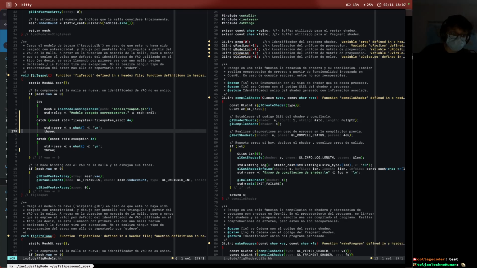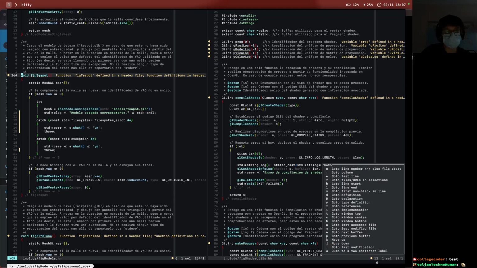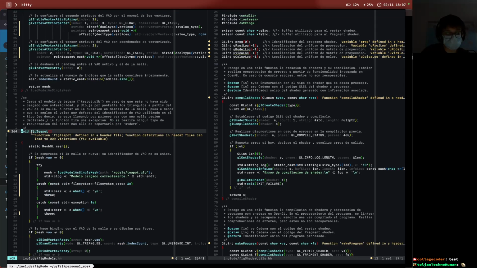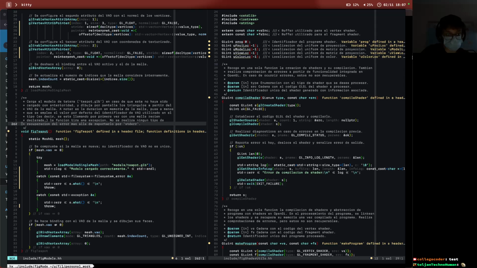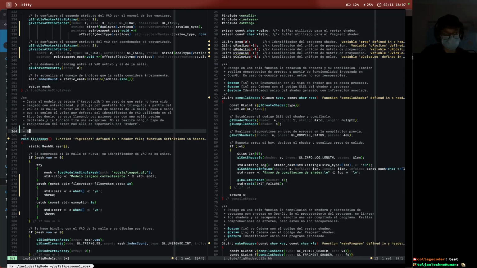So once that is done, we are going to move on to the next function where I'm likely going to have to change the description, because this in fact throws two exceptions. The first one, let's start with the file system one.